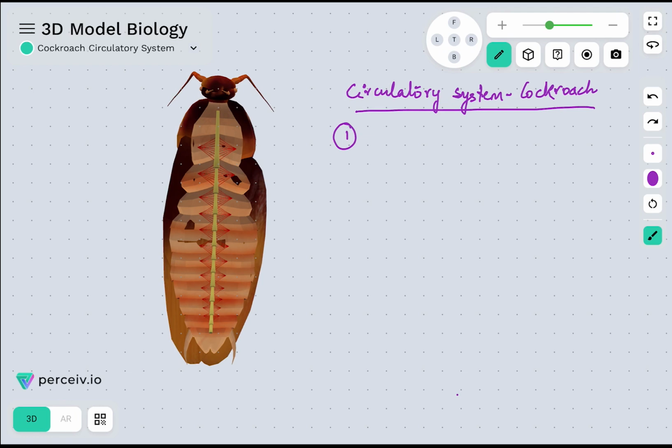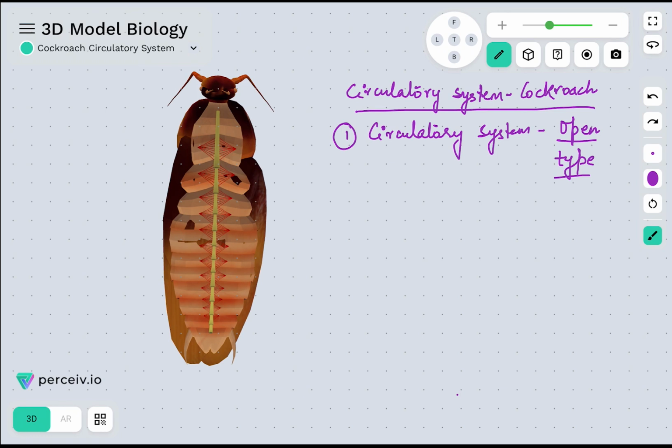The circulatory system is of open type. Now, what do you mean by open type of circulatory system?